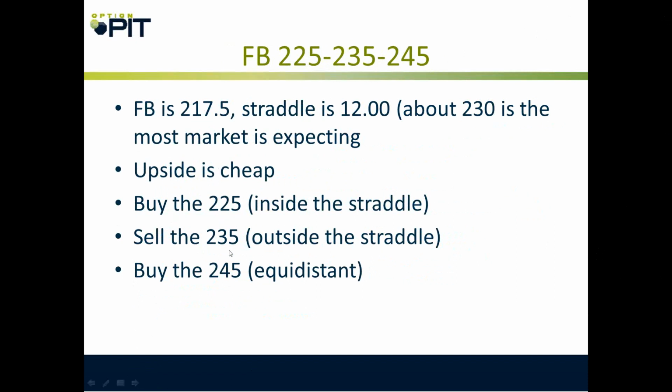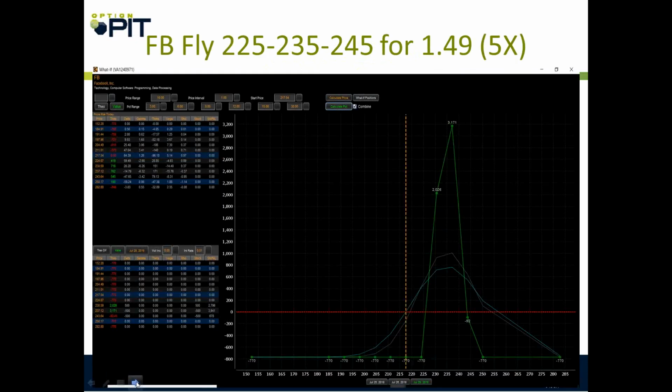So I buy the cheap, sell the cheaper, buy even the cheaper. This is what this looks like. This is a 5-lot straddle. The 225, 235, 245 call fly for $1.49.